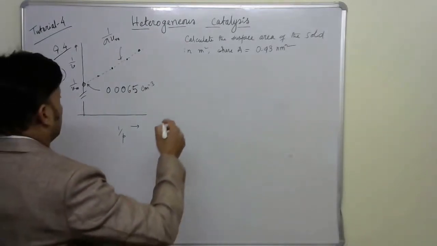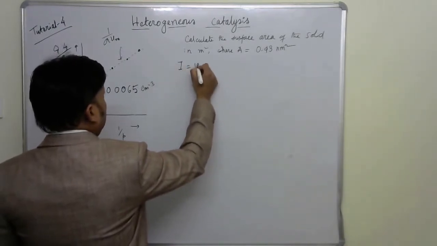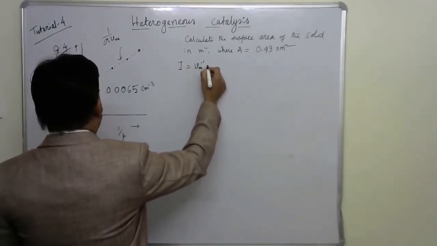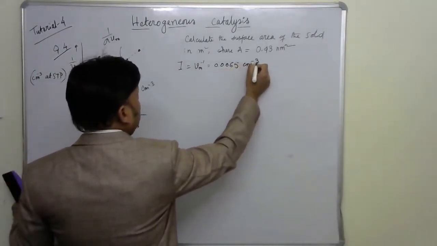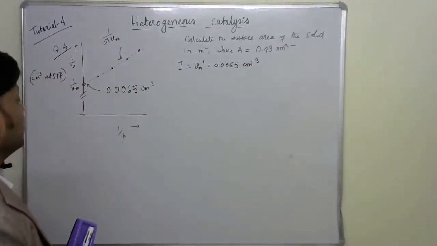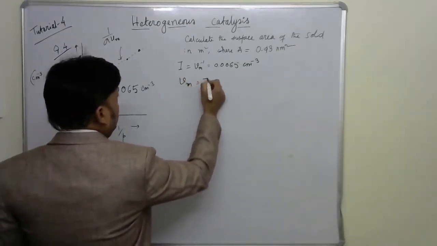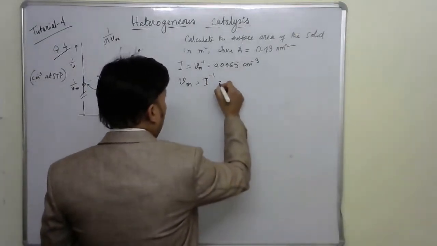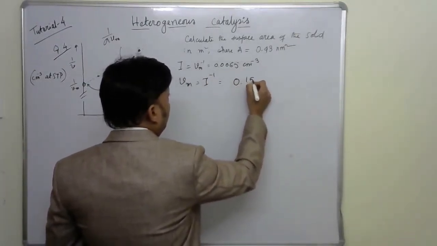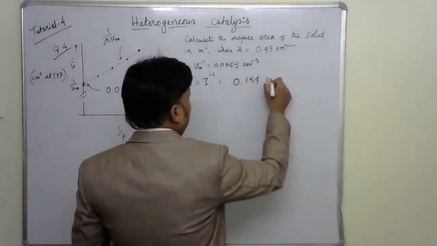Therefore, this intercept, Vm inverse, is 0.0065 centimeter to the power minus 3. Now I want to find out the volume Vm. So Vm should be the inverse of this, and it would give rise to something like 0.154 centimeter cube, something.